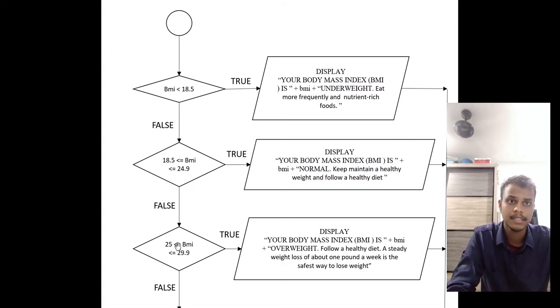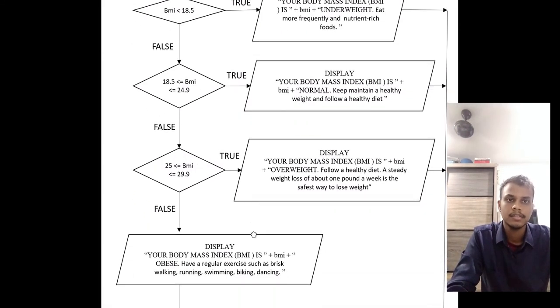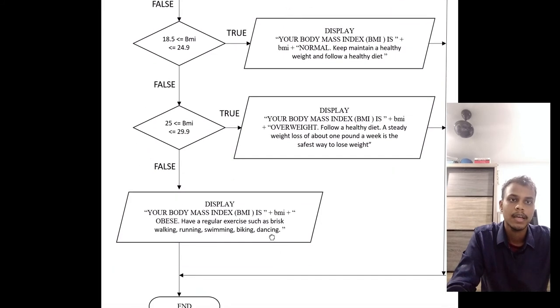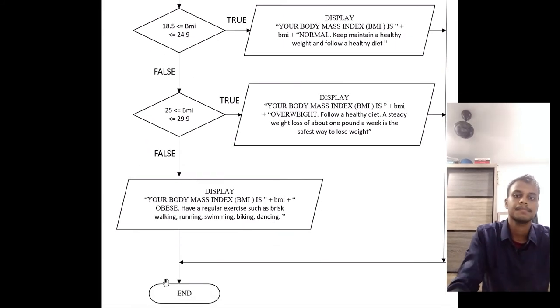And if the BMI is between 25 and 29.9, it displays that the user is overweight. And if it's not, it will display that the user is obese. And I've added some tips to make the output more interactive. And that's the end of the flowchart.